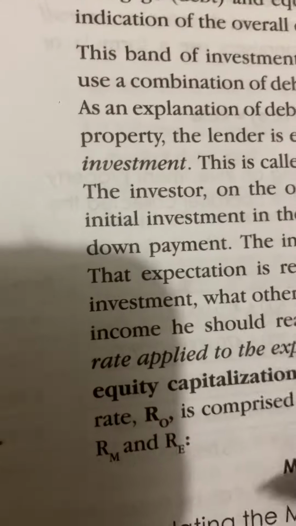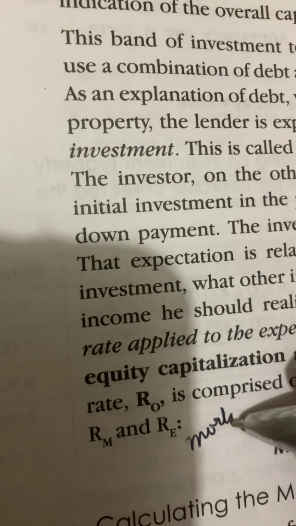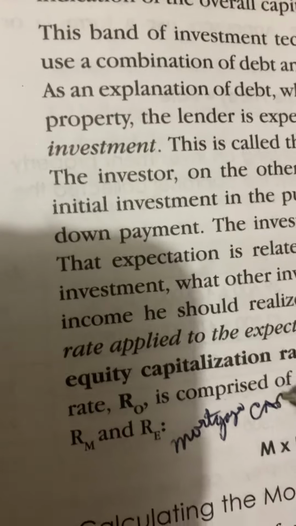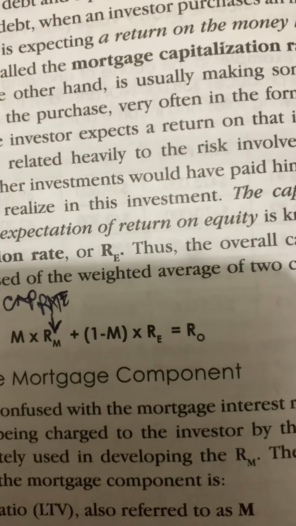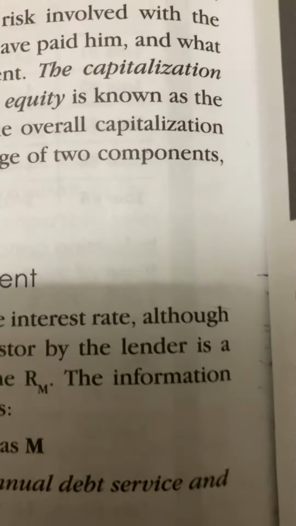Let me grab a pen so I can write that shit down real quick. Mortgage capitalization rate plus 1 minus M. I'm guessing M is just straight up mortgage.